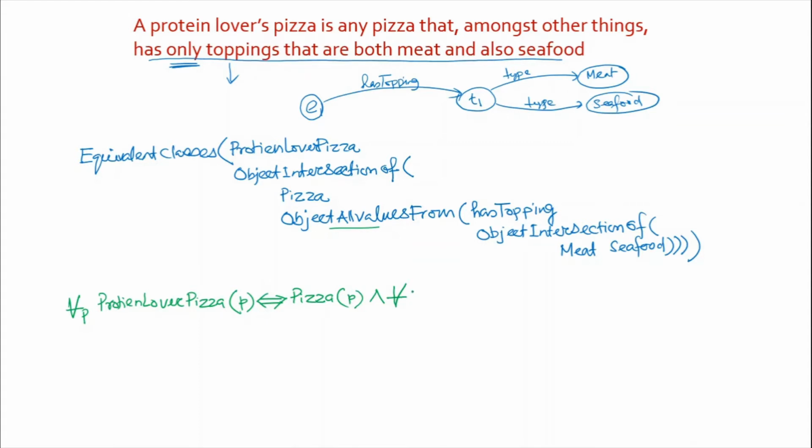So for all T, if P has topping T, that will imply T is both meat and T is also seafood. So this is what would be the corresponding first order logic representation of this statement, right?